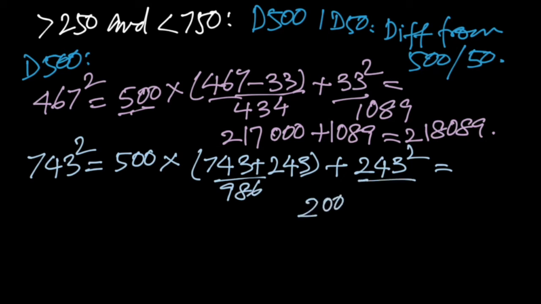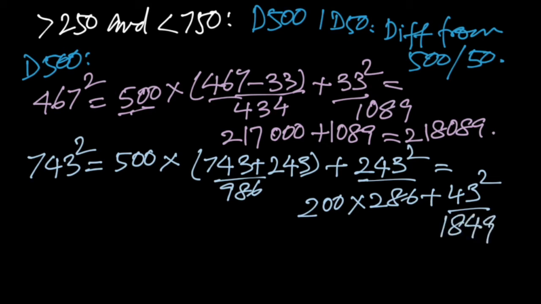So, we have 200 times 286 because we have to add 43 to 243, plus a square of 43. A square of 43 is, we can use D50 technique, 25 minus 7 is 18 and then a square of 7 is 49. So, this thing is 572 and then 2 zeros.